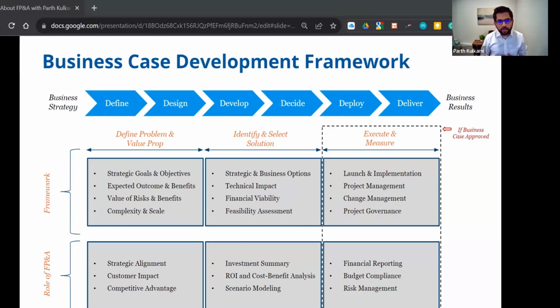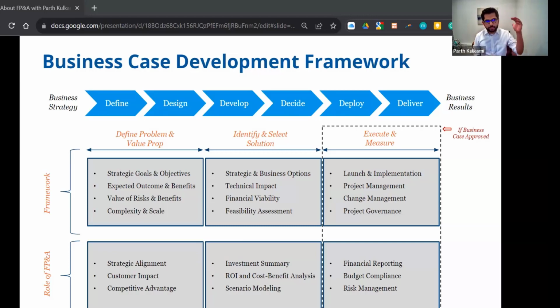Now that we've level set on the definition of a business case, if you look at the slide, there is a lot going on in there. So let me help you understand the way that I think about the process of creating a business case.